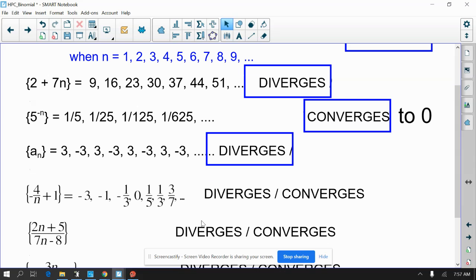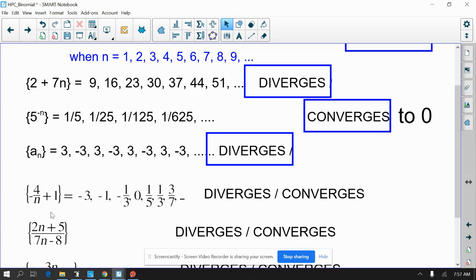What about our 4th example? Looking at the numbers here, I think it's difficult to ascertain what the sequence approaches. It's easier if you look at this right here. Remember, we want to find, does this sequence approach a real number when n gets really big? If it does, then it converges. If it doesn't, it diverges.